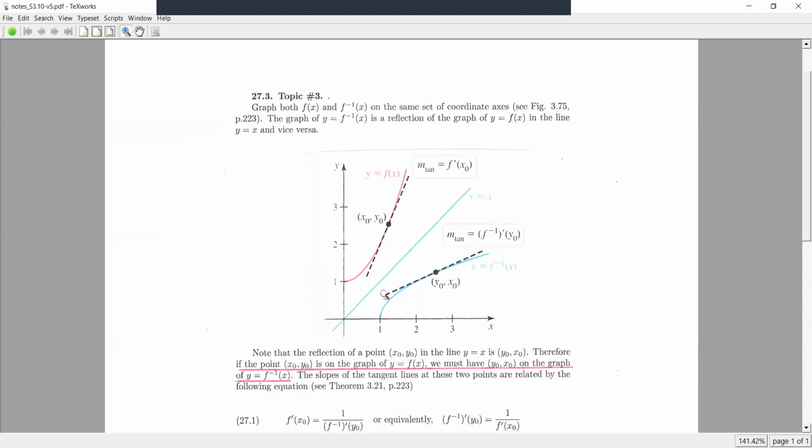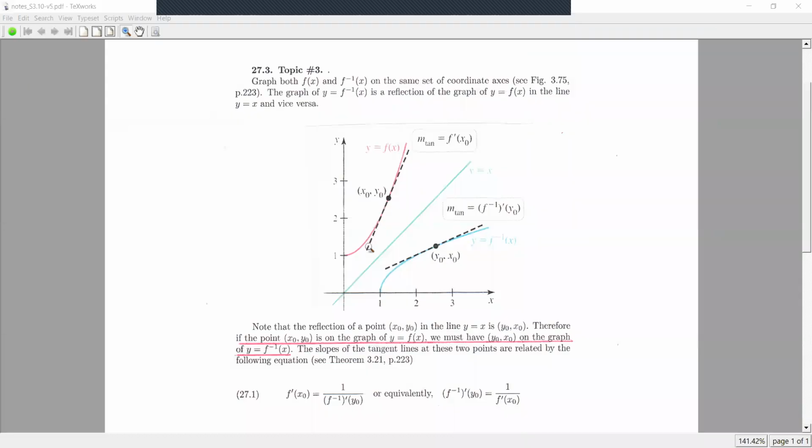At this point, draw a tangent line. Then the slope of this tangent line is the derivative of this function evaluated at the x coordinate of this point. Namely, the slope of this tangent line is the derivative of f inverse at y0.